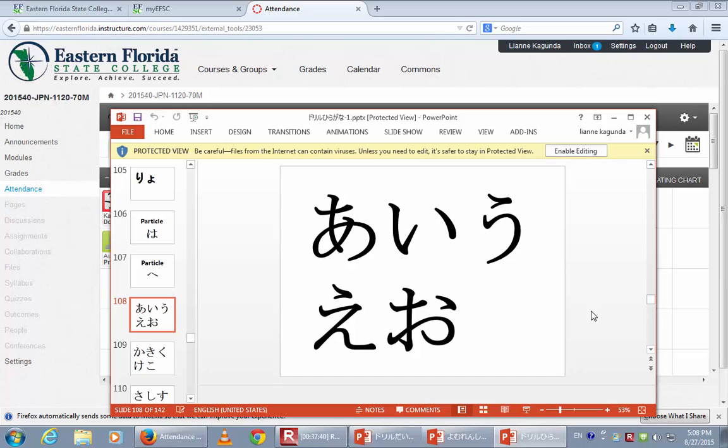Even if you're typing English in a Japanese word processing program, it will break the word in any crazy place that it wants to. You'll have to do your spacing to try to not let it do that.